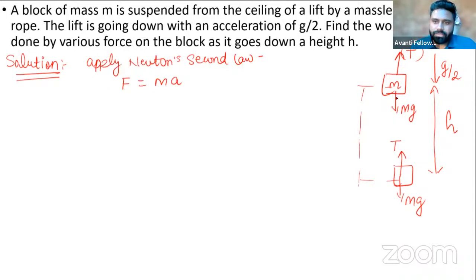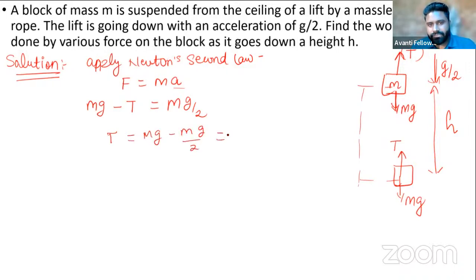Now, what is the net force? You have to take mg positive because it is in the direction of acceleration. So it is mg minus T equals m into g by 2. So tension is nothing but mg minus mg by 2, so the tension will become mg by 2.